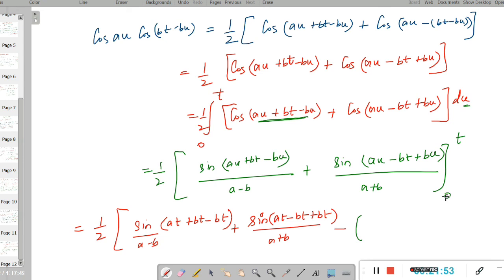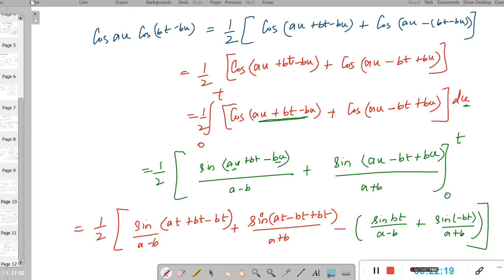You have to substitute u by 0. So that term is going to be 0, but bt is not going to be 0. So from that you get sin bt by a minus b plus sin minus bt divided by a plus b.